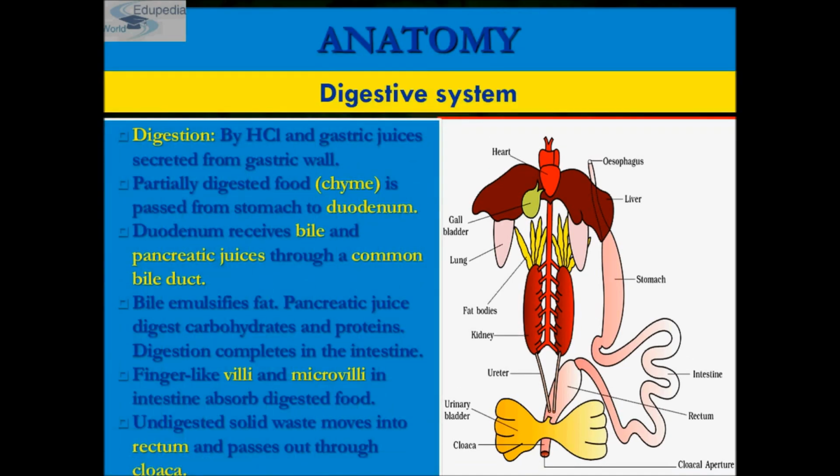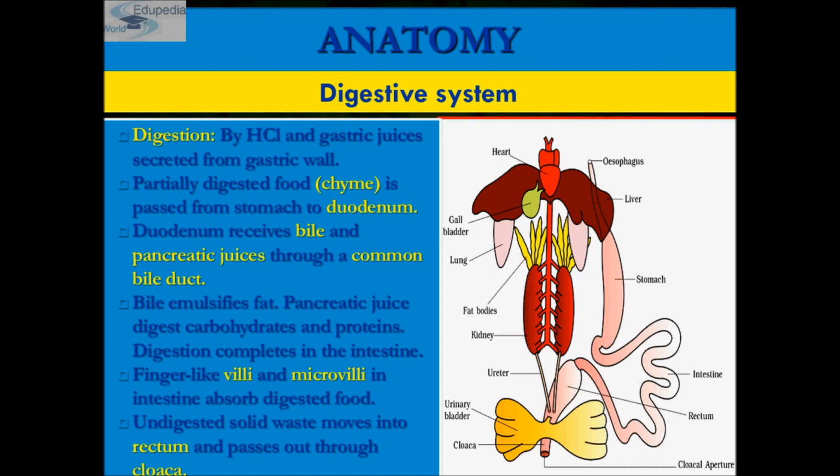This I have already taught you: digestion takes place by the HCl and the gastric juices which are secreted from the gastric wall, and the partially digested food, which we call chyme, is passed from the stomach to the duodenum. The duodenum receives bile and pancreatic juice through a common bile duct.